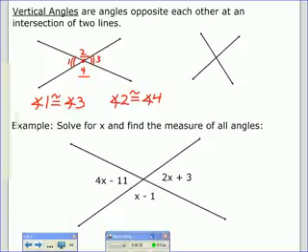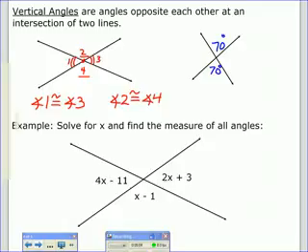So what that means is, if I'm given one angle at an intersection and there's only 2 lines involved intersecting, I can figure out all the other angles. Let's say that I know that this angle over here is 70 degrees, and these are just 2 lines intersecting. Well, I know the angle that's vertical to it also must be 70 degrees.